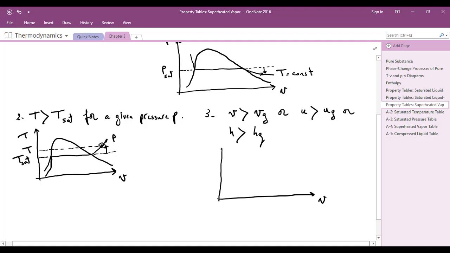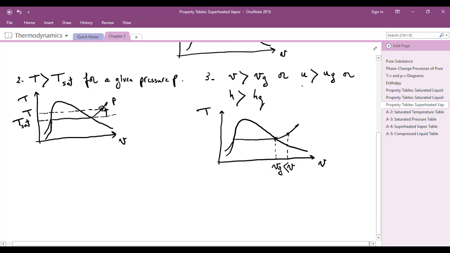If we draw the TV diagram, for example, here is Vg. Any specific volume higher than Vg, or for internal energy or enthalpy, if it is higher than Hg or Ug, then we can say that this is a superheated vapor.